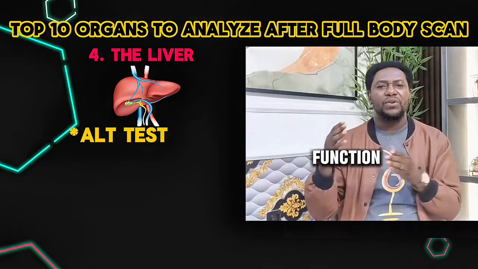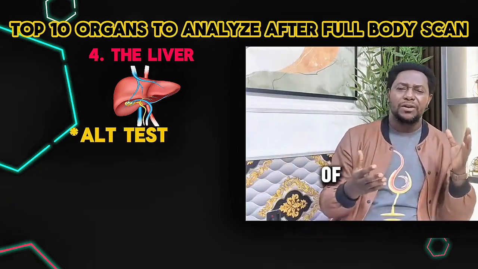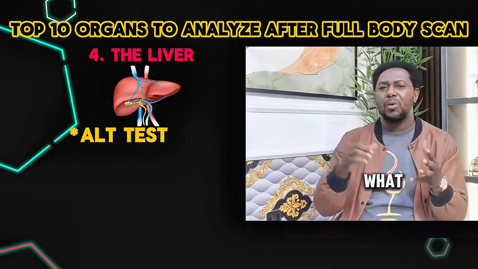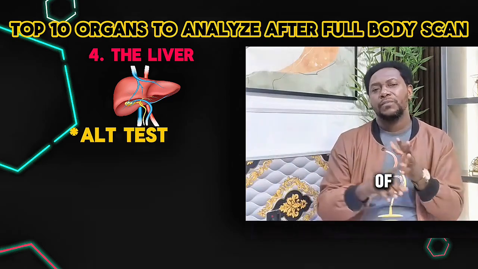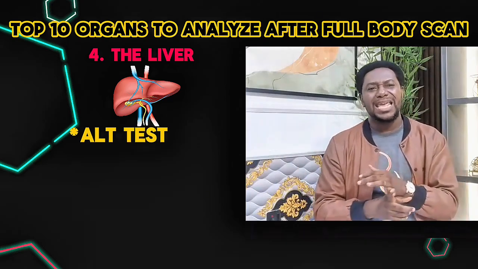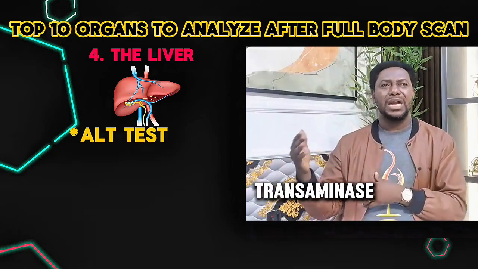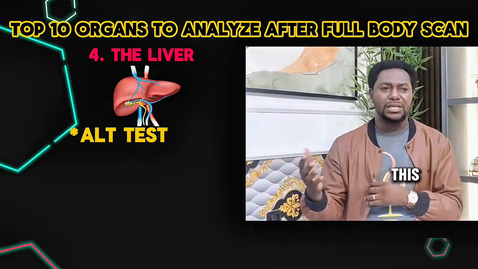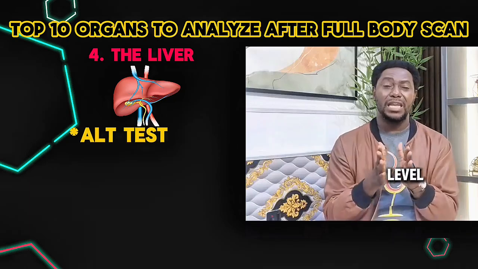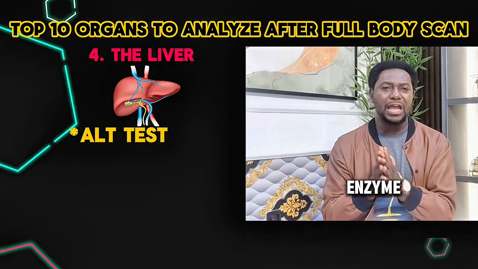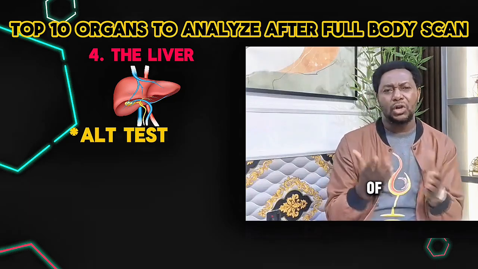When it comes to liver function tests, some of the tests you run are the likes of the ALT test. ALT means alanine transaminase. This is the kind of test that checks the level of ALT enzyme in the blood. What's the function of ALT?